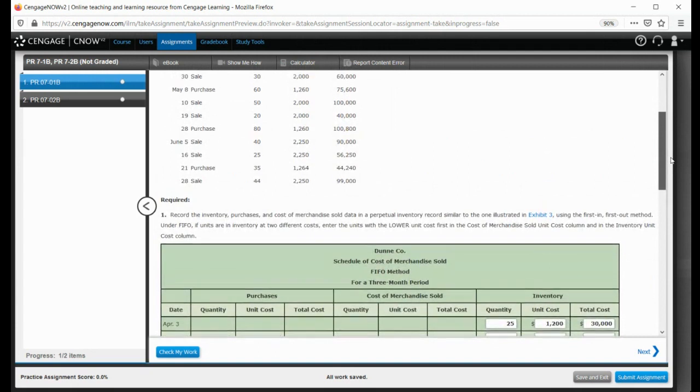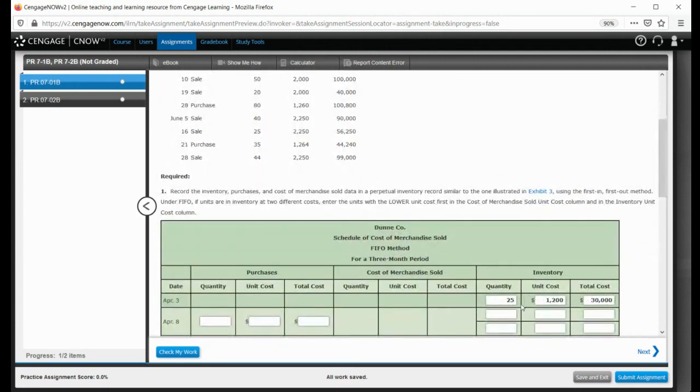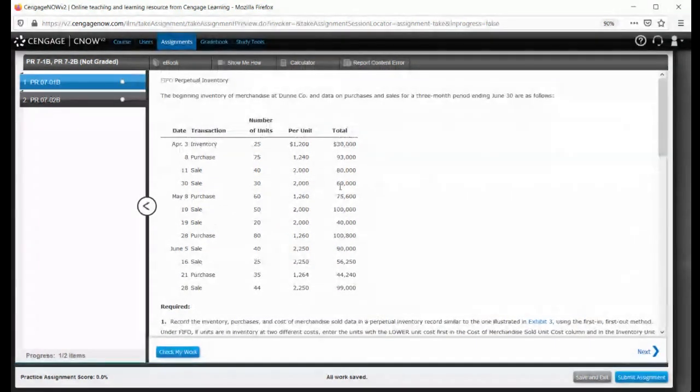So our inventory from March really is going to become the beginning inventory for April. On this first transaction, that $30,000 amount came from last month's inventory, and they got that by multiplying 25 units, the count of inventory that they had last month, by what it cost them the last time they made a purchase, $1,200 a piece.